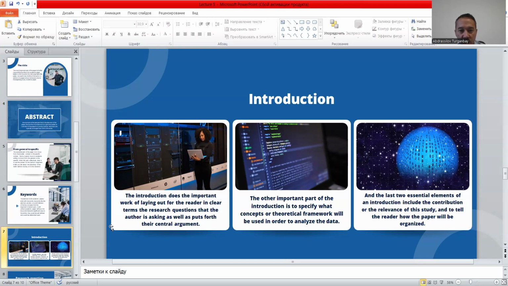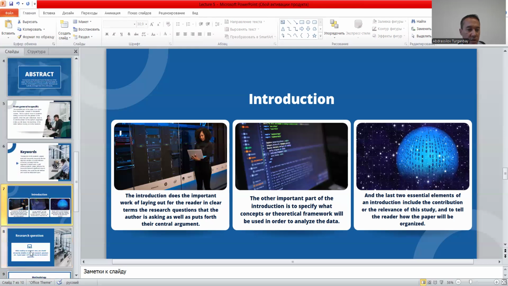The last two essential elements of the introduction include the contribution or the relevance of the study, and information for the reader on how the paper will be organized. So these are the key characteristics of the introduction section.